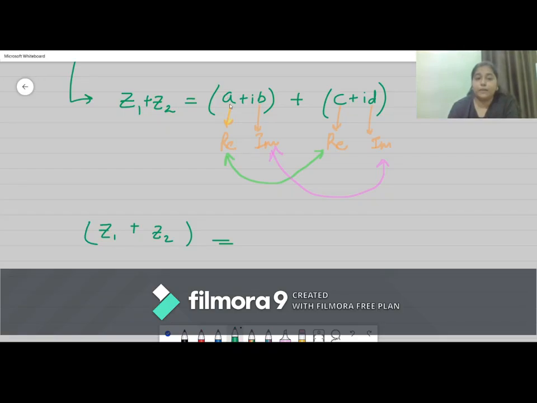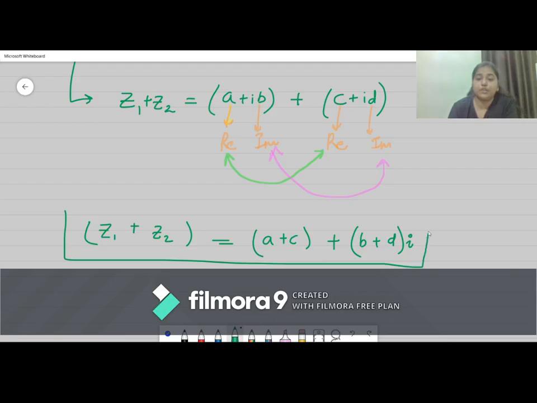Real part of Z1, real part of Z2 को add करेंगे A plus C plus imaginary part of Z1 और imaginary part of Z2 को add करेंगे, B plus D, and there is iota. I hope I have given you a clear picture of what the addition of complex number is like.